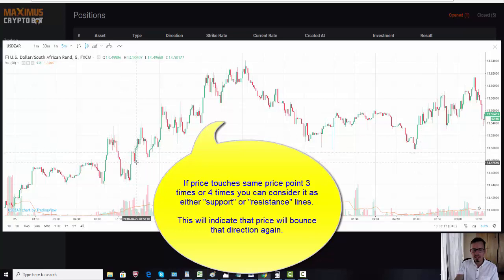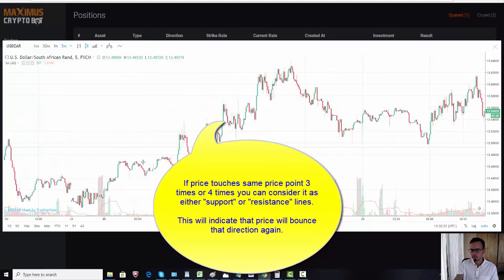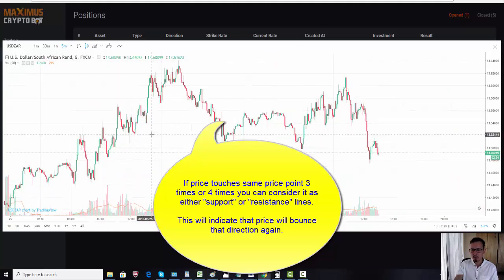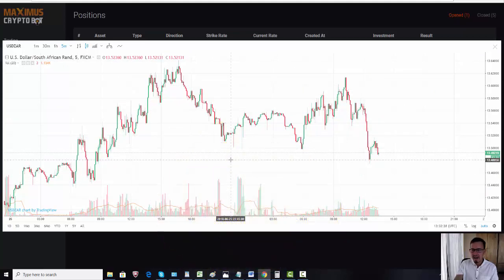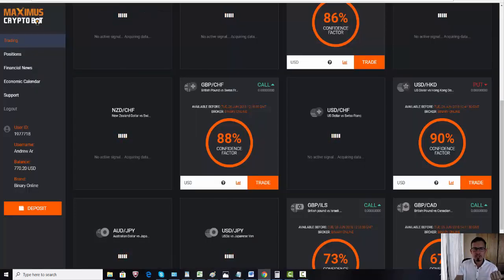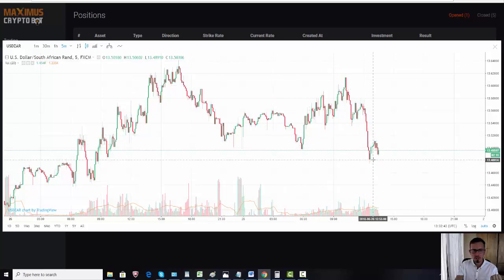This was a big indication that the price would move upwards from this point, from this spike. So this gives us an indication that another support was found, and the price went up. And now, guys, the price is going back again. If the price hits this area again, then we will most likely see another USD ZAR call position trade, so then we can make another nice call position for the same currency pair.